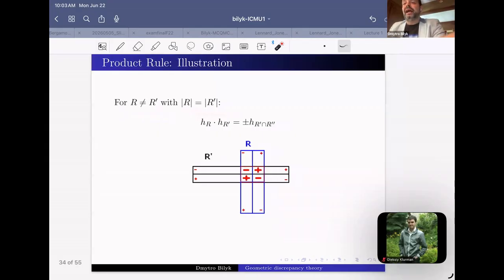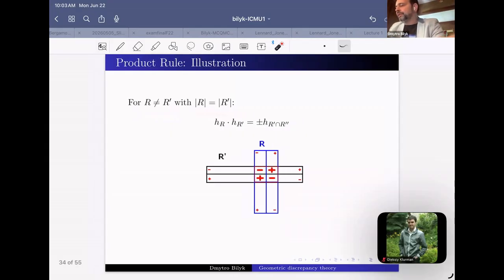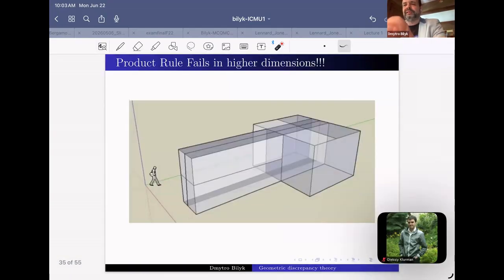Or they're non-correlated in a sense. Unfortunately, and this is one serious source of problems, this is not true in higher dimensions. In higher dimensions, you could have two boxes of the same size, of the same volume, but they could coincide in one of the coordinates, as in this picture here. And that means when you multiply Haar functions in that coordinate, you will get an indicator function, right?